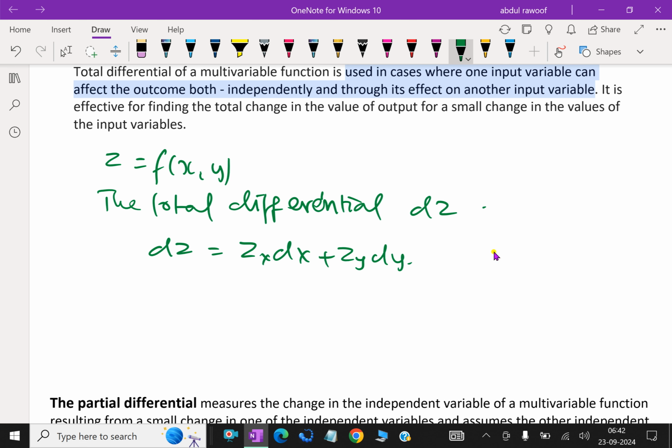What does it mean? zx means the partial derivative of z with respect to x, multiplied with dx, plus zy, the partial derivative of z with respect to y, multiplied with dy. This gives the total differential of the z function.